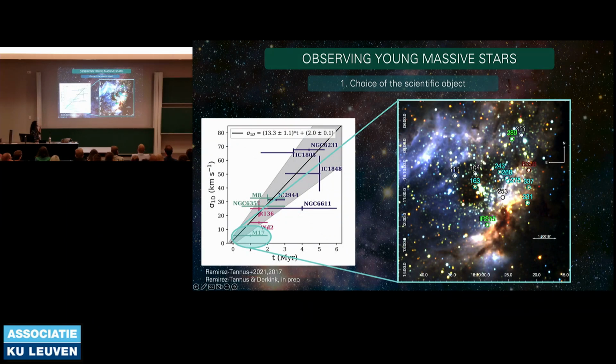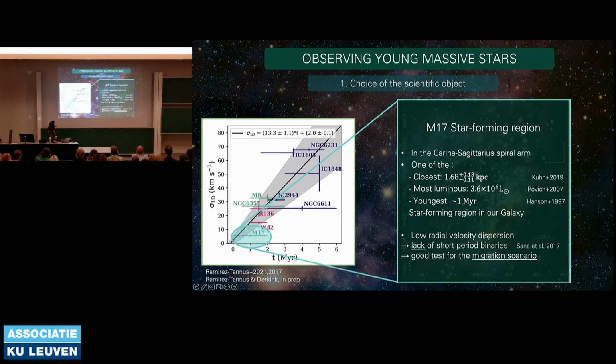She plotted the radial velocity dispersion of different clusters as a function of their age. As you can see, M17 shows rather low radial velocity dispersion, meaning that there is a lack of short period binaries, and that the binaries are rather found at wide separations. So we think that M17 is a good laboratory to test this migration scenario.